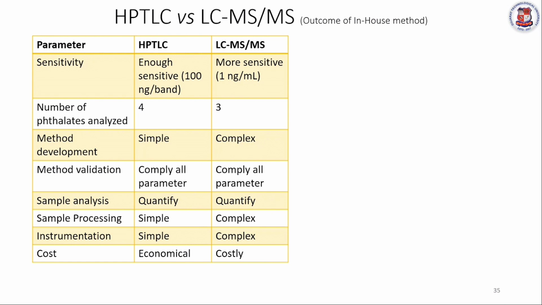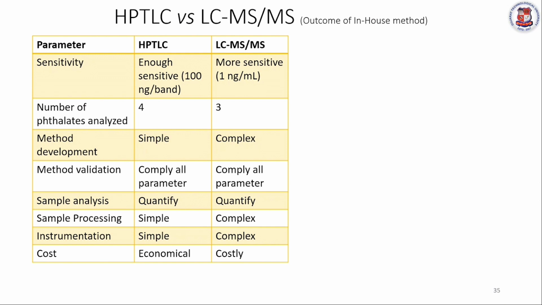Method development is simple, while in LCMS-MS it is quite complex. Method validation, in both cases, complied with the validation parameters. Sample analysis, yes, we can quantify in both cases. Sample processing is also a simple process.